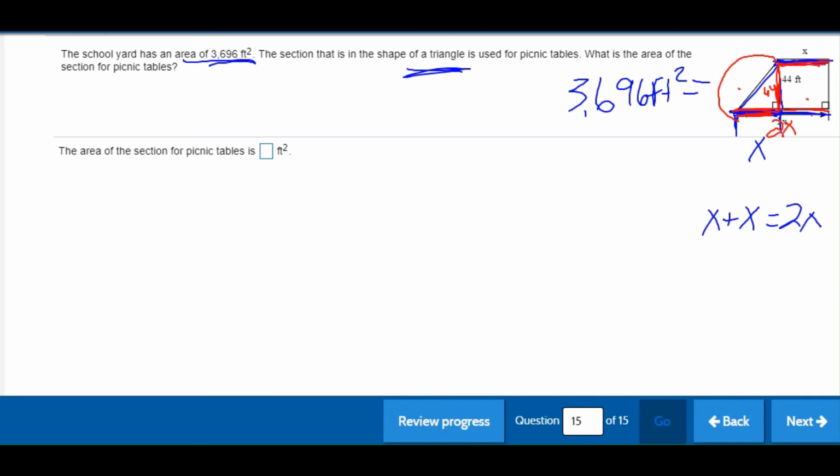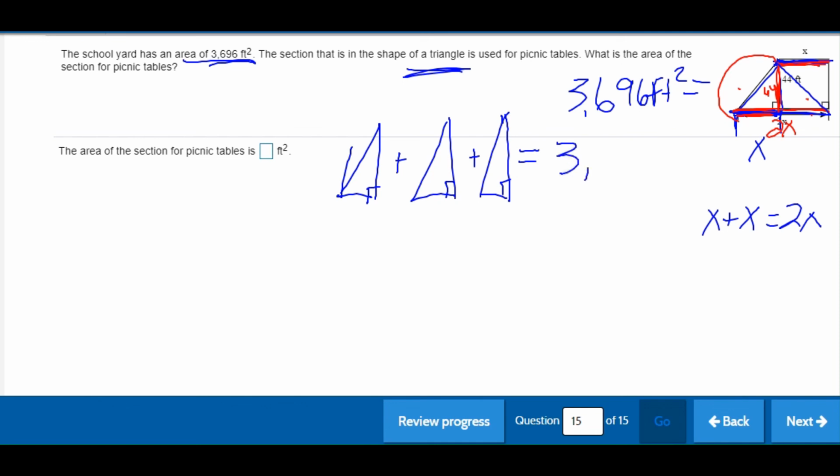So if they have the same base and the height, I can decompose this into 3 matching triangles with the same base and the same height, right? So that means if I have 3 right triangles, let's draw 3 right triangles with the same exact area and the same exact height, the area should be equivalent to 3,696 feet squared.